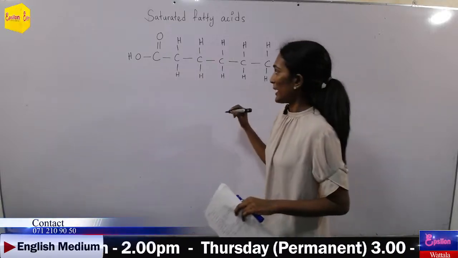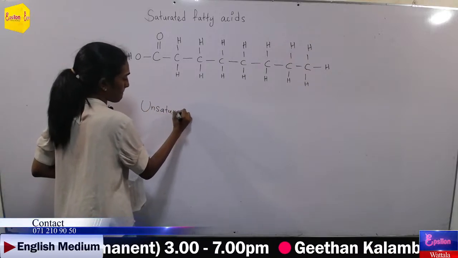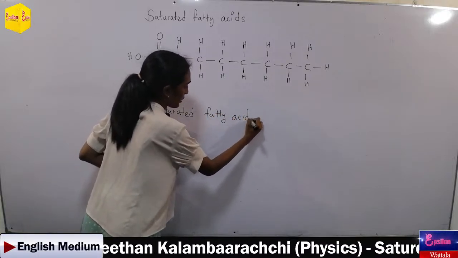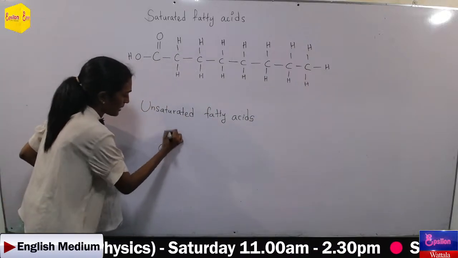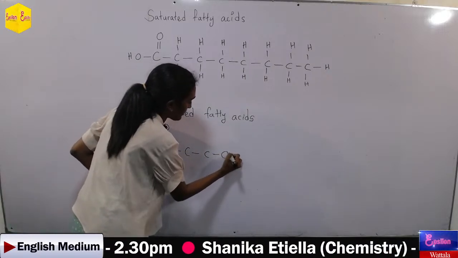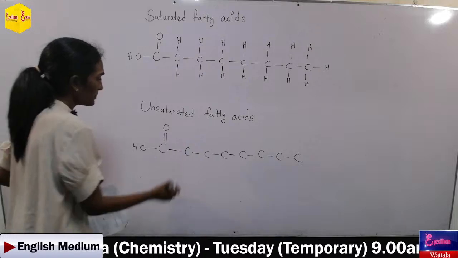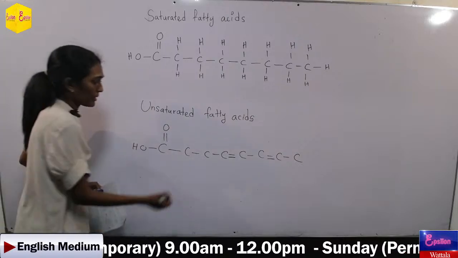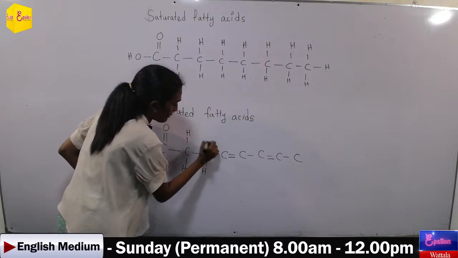Understood now? Right. What is the opposite of this one? Unsaturated fatty acids. If the above one is happy, what should this one be? Unhappy, no? So, C double bond OH is here. The carbon number, I'm drawing whatever amount I feel is good. It's not a mandatory number. So here is one double bond, here is another double bond. Always around carbon, four bonds are fulfilled. 1, 2, 3, 4.